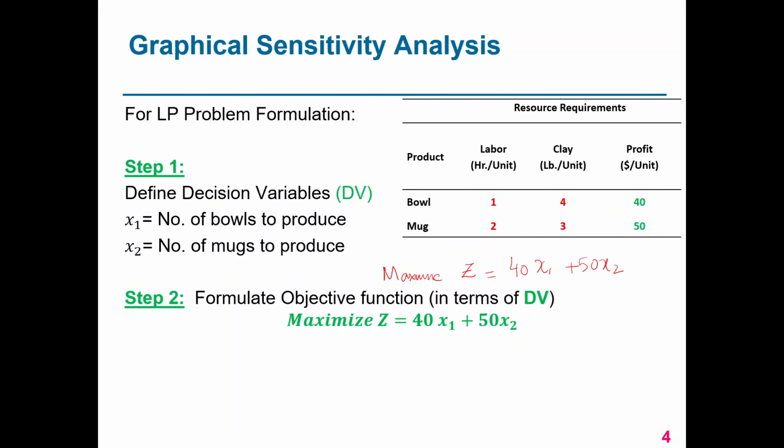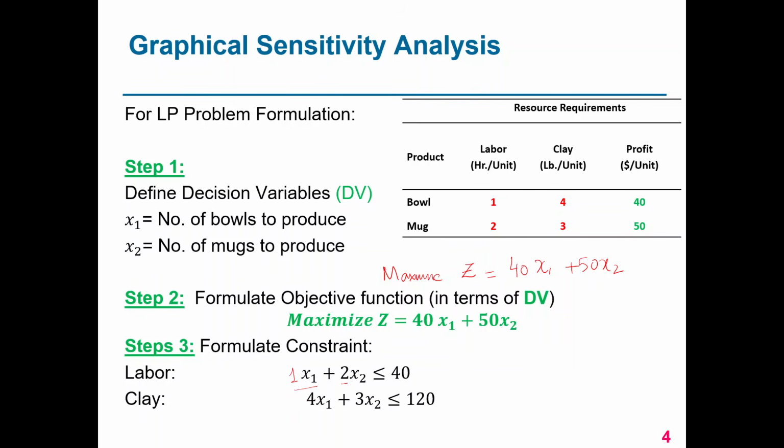The third step is the formulation of constraints. There are three constraints. The first constraint is the labor constraint, telling us that 1 hour of labor is required in making a bowl plus 2 hours of labor is required in making a mug, and the total labor that can be consumed in making bowls and mugs should be less than or equal to 40.